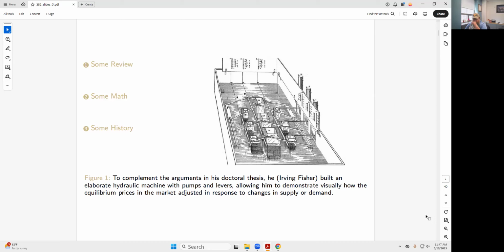But I just thought it was really cool that back in the early 20th century, one of the top economists of that century was literally building a machine to try to understand the economy and illustrate points about it.